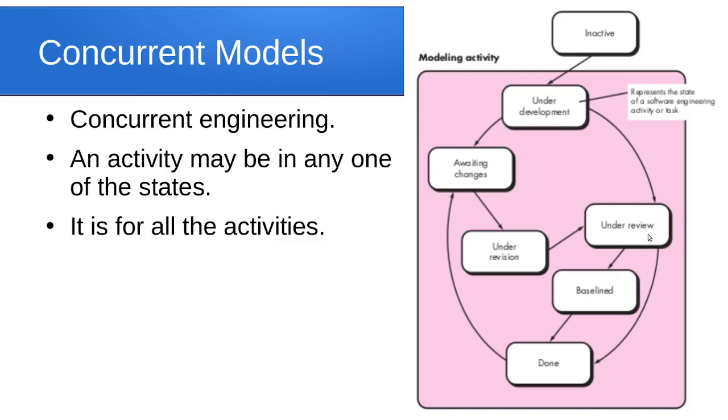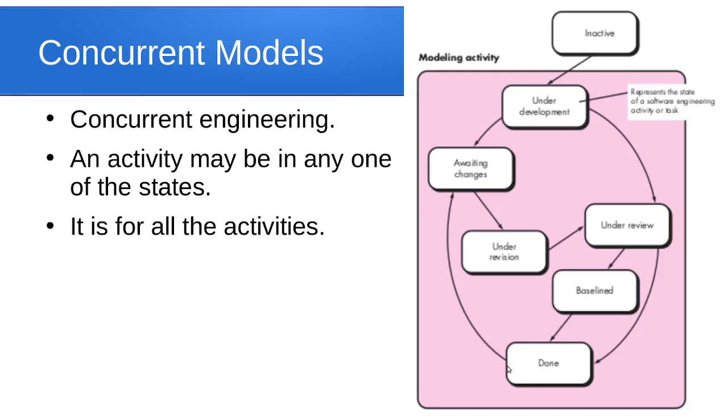From here it may be either accepted, that yes, it is done, or it may be baselined, that okay, these are a few things that are totally good. Whatever changes are done, it can then be accepted. They are in the done state.